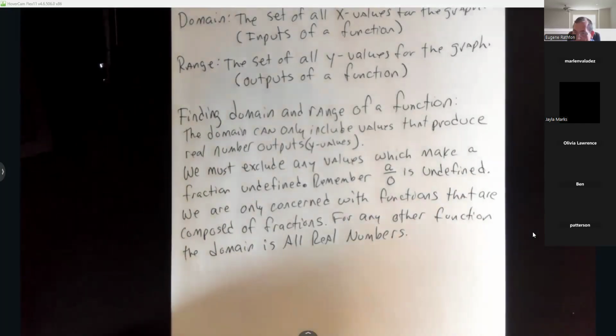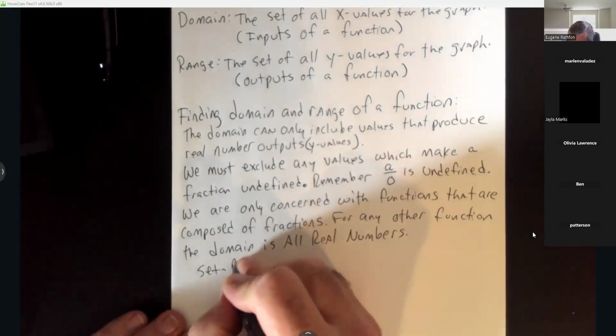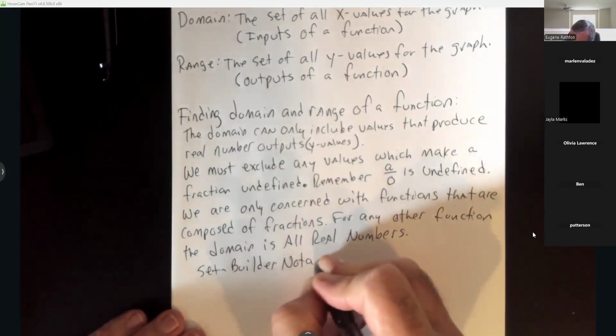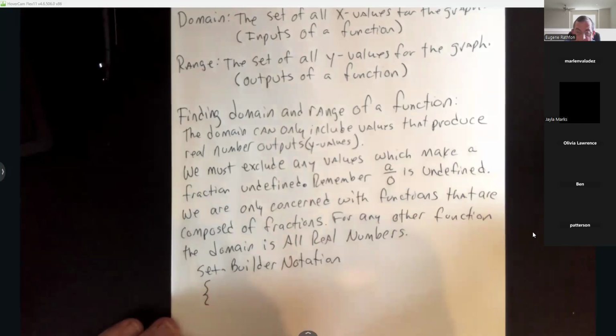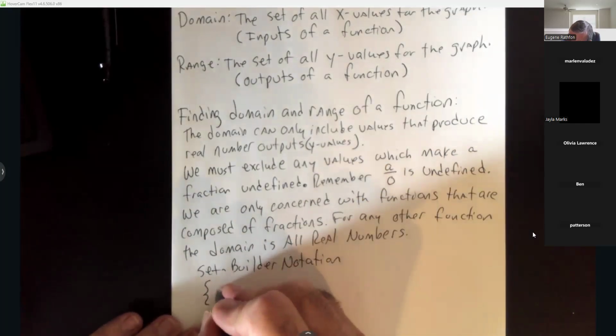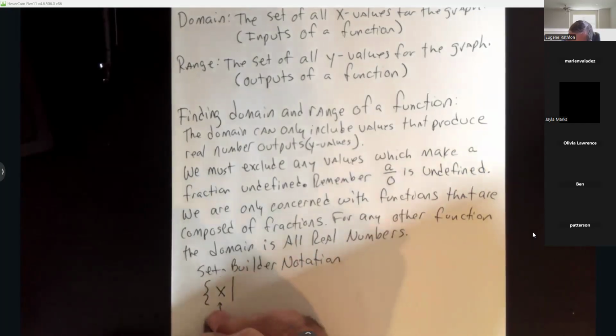All right, so in this section, they use this set builder notation. You're going to be given them fancy little curvy parentheses. You name the variable.